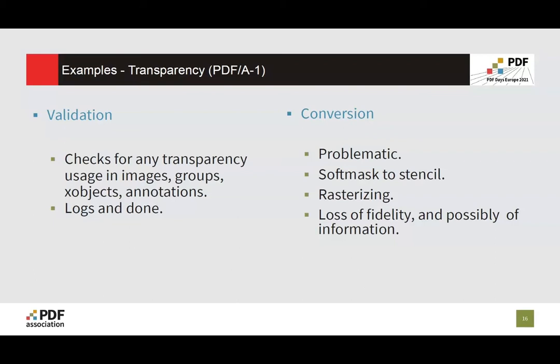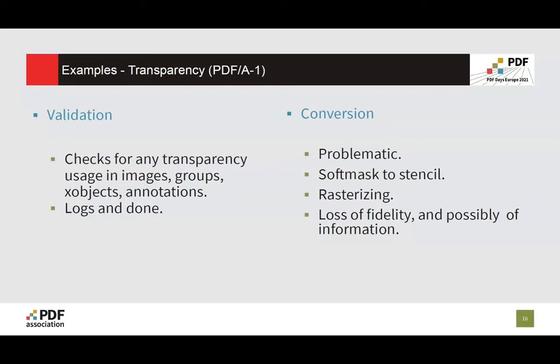This is again quite a straightforward process, and after logging any problems, the validation is done. However, the conversion is quite problematic here. Simply removing the transparency can lead to complete loss of the visual appearance of the original document.